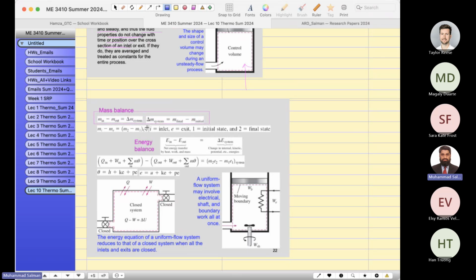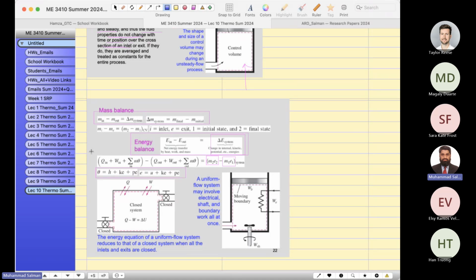And then you will use the second equation, which is the energy balance. And the right hand side is not zero in this case. This is unsteady flow process. The right hand side, you will write down final minus initial energy. So this is theta, a term in which we combine enthalpy, kinetic energy, potential energy.